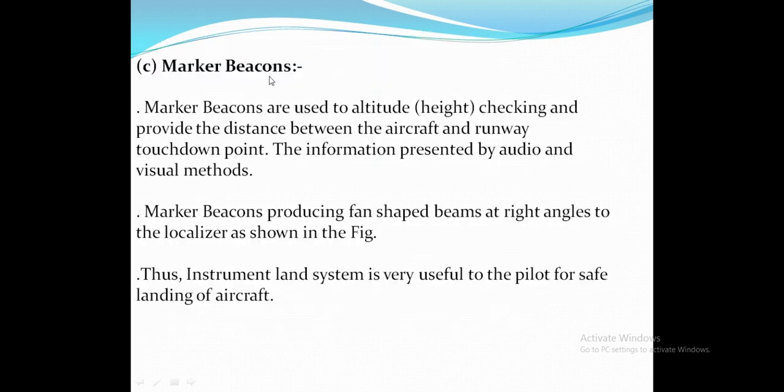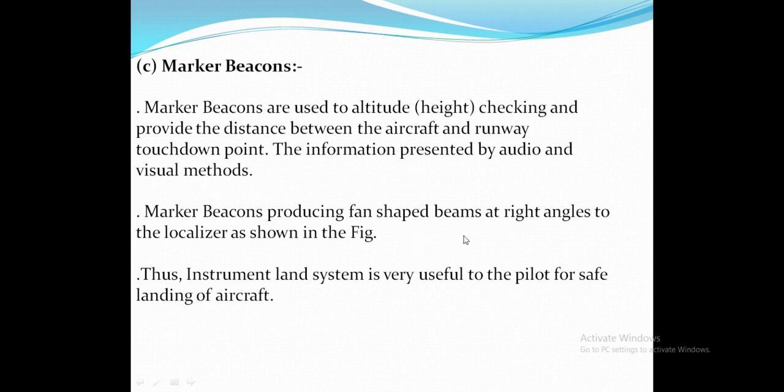Next one is marker beacons. These are used for altitude, that means height checking, and provide the distance between the aircraft and the runway touchdown point. The information is presented by audio and visual methods.